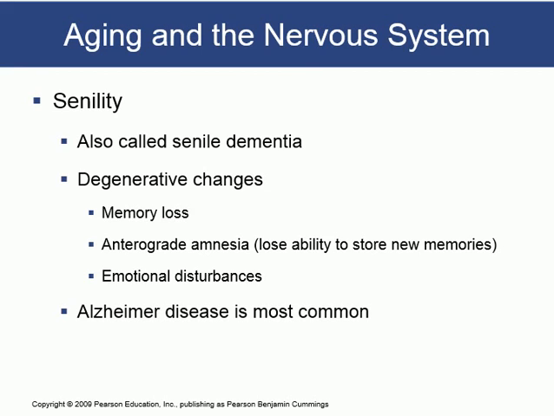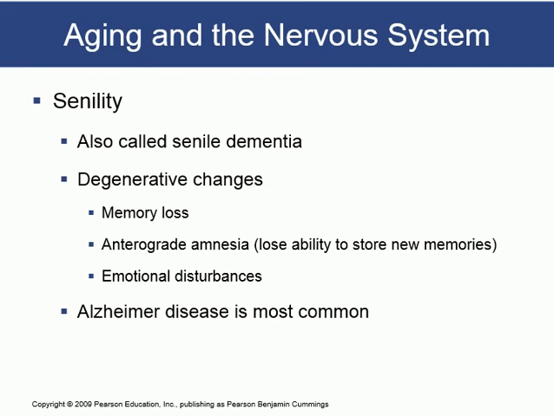Senile dementia is the most common one. So people become senile as part of the normal aging process. It's a problem, but it's very common with aging. They start to lose memory, specifically anterograde amnesia, meaning they cannot store newer memories.